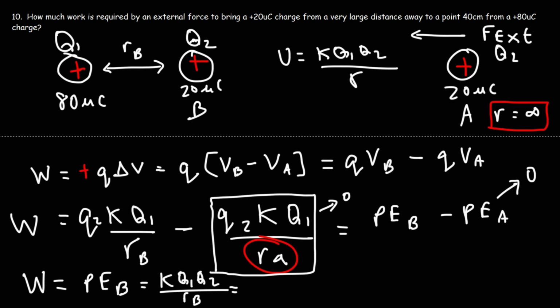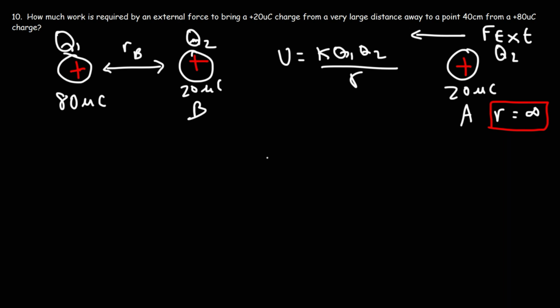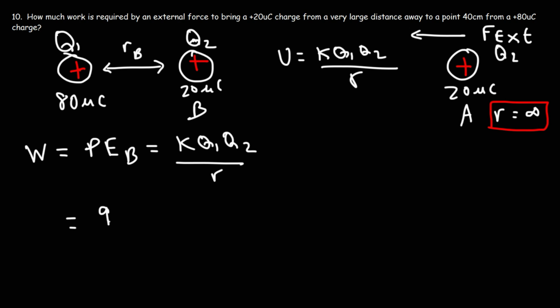So let's get rid of this and let's start over. The work required by the external force is going to be the potential energy at point B, which is K Q1 Q2 over R. So K is 9 times 10 to the 9. Q1 is going to be 80 microcoulombs. Q2 is positive 20 microcoulombs.